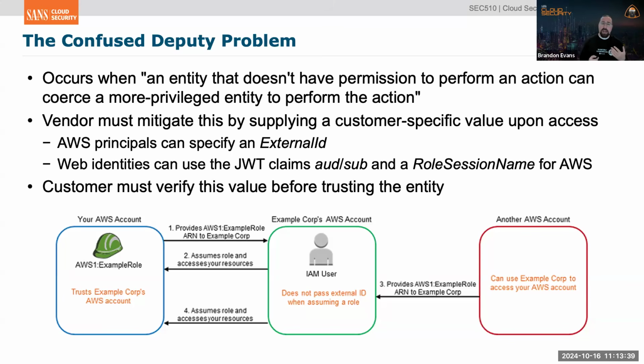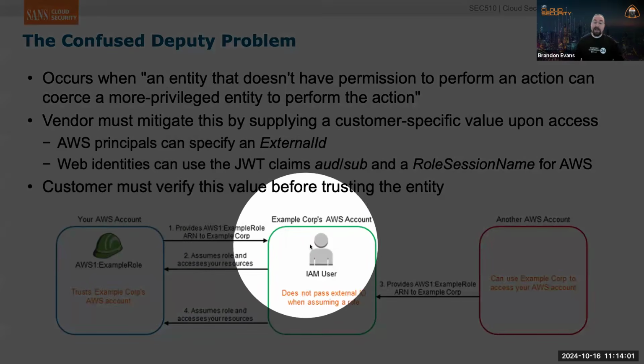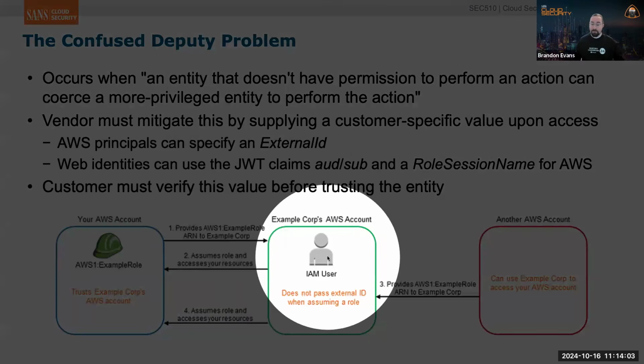Here's a scenario that AWS describes between AWS accounts, because you may have a vendor in one AWS account, and you may want that vendor to be able to access your data in another AWS account. So in this case, we're purely talking about intra-cloud authorization, not inter-cloud authorization. So let's say we have this vendor owned by Example Corp.